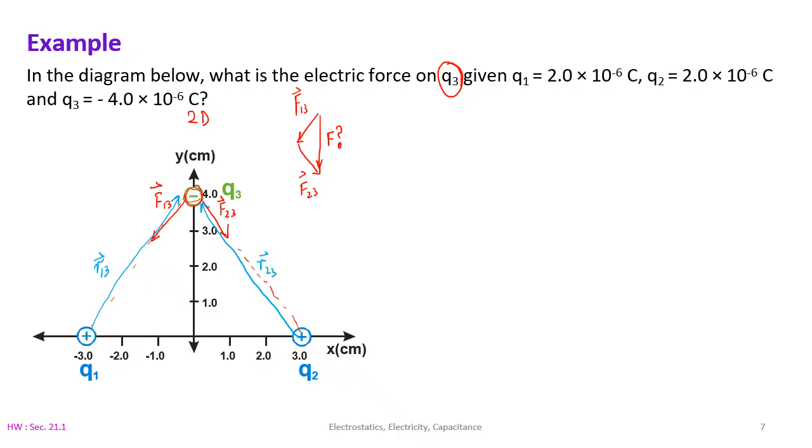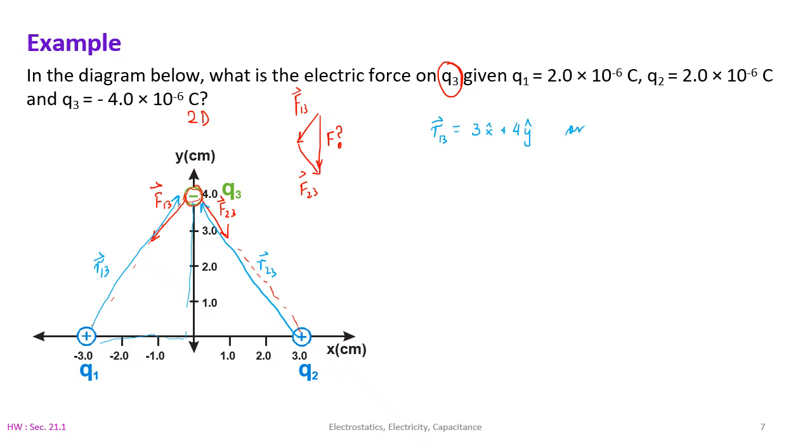Now you can write that down mathematically in terms of the x and y unit vectors. R13 is equal to, well, this is clearly a 3, 4, 5 triangle, right? So this is pointing 3 in the x direction and 4 in the y direction. So you could write it like that.